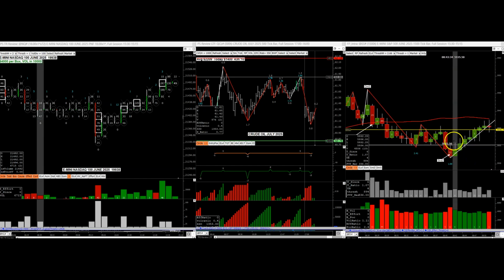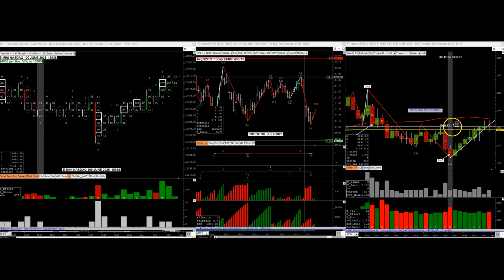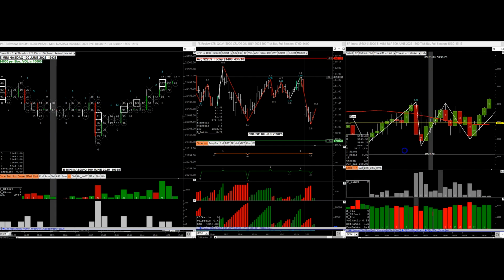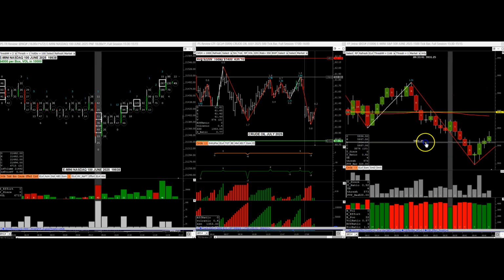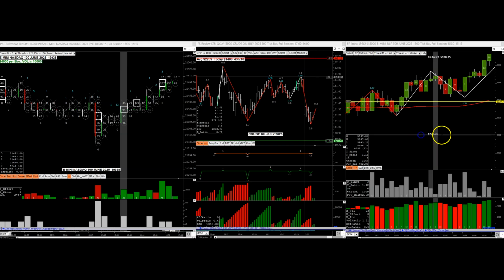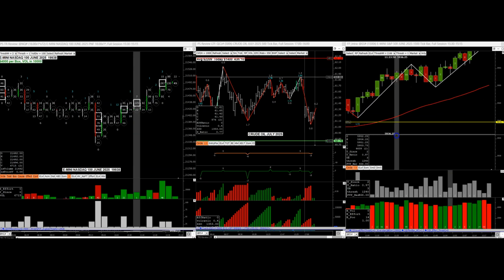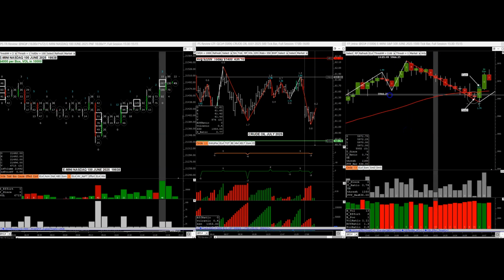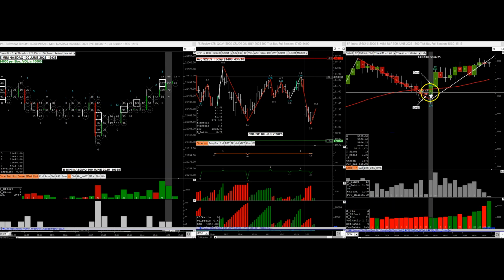It takes out the high on the biggest volume in 6 green bars. That's where we started.